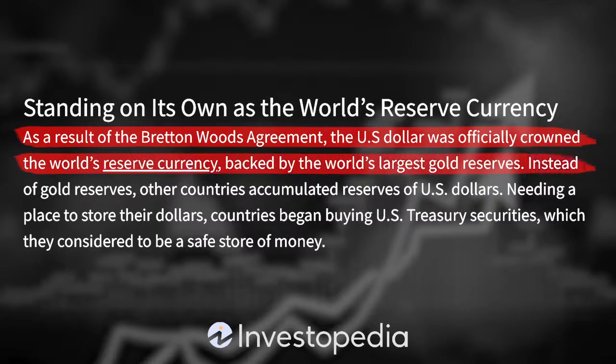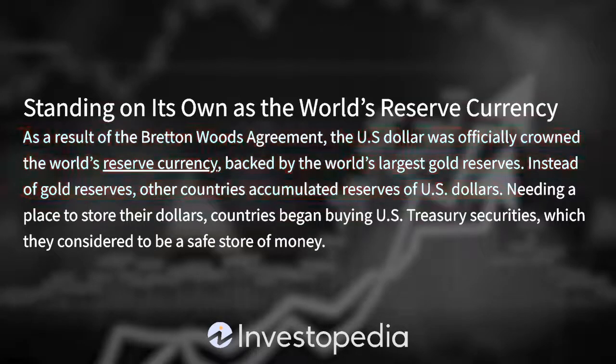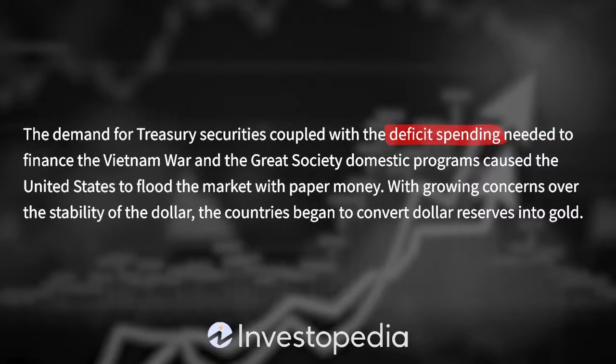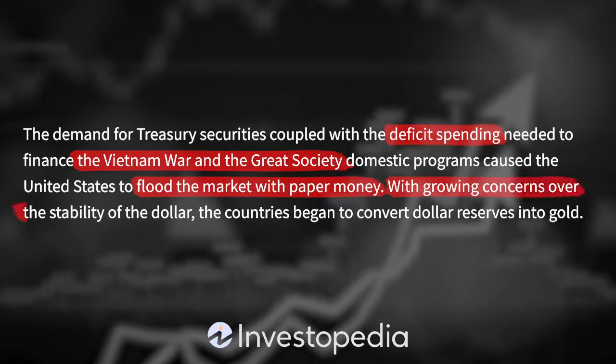So now, instead of gold reserves, other countries accumulated dollar reserves. And this is crucial to the story because the United States then began deficit spending like only our drunk, insolvent Uncle Sam can, things like the Vietnam War and the Great Society. And this flooded the market with paper money. With growing concerns over the stability of the dollar, the countries began to convert their dollars into gold.